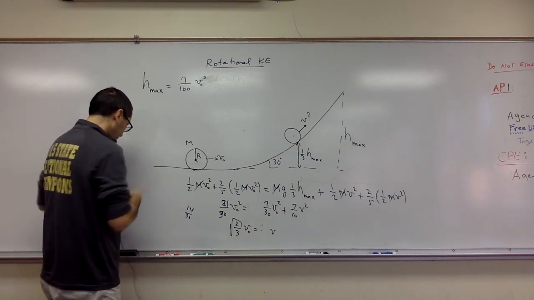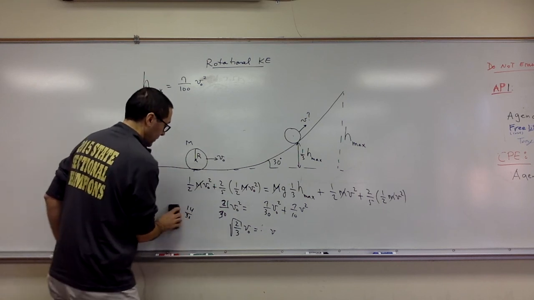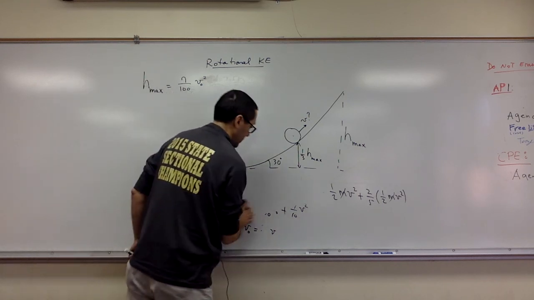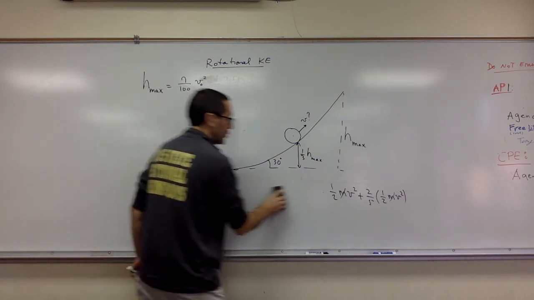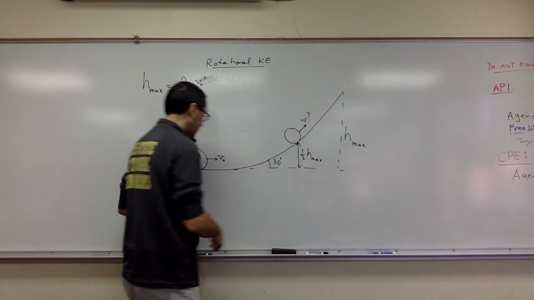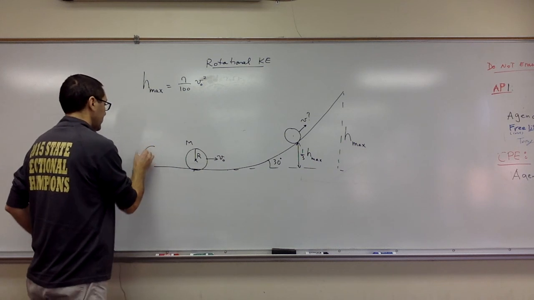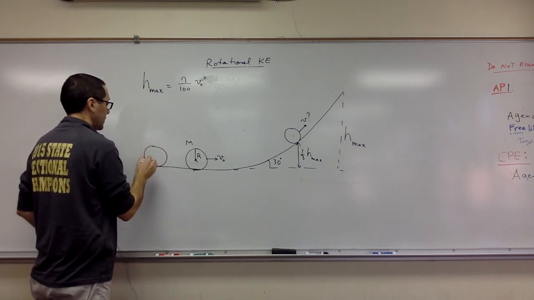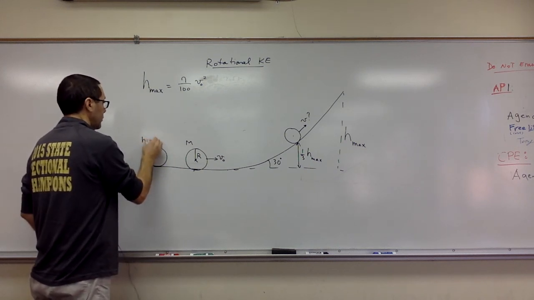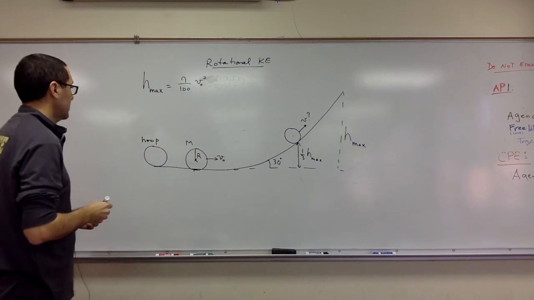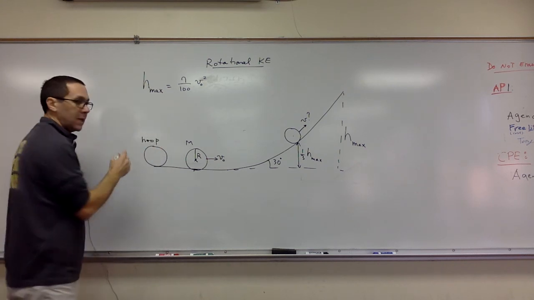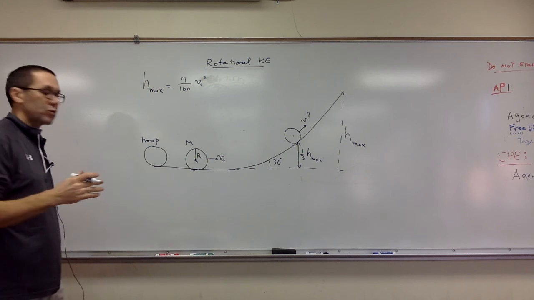Now the next question is, if I replace this sphere with a hoop, right? Will it go higher or lower? Now, if I do it for a hoop, I'll do it with the math and I'll explain it conceptually.